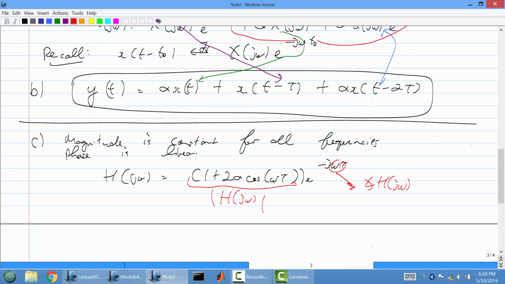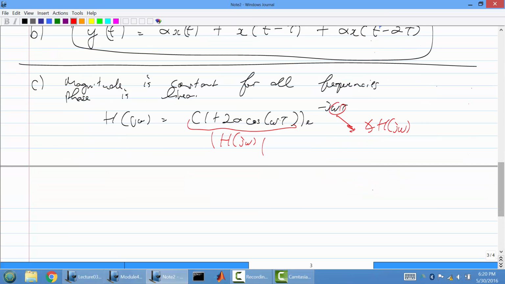So we can clearly see here that the phase is linear, because the phase is equal to minus omega t. And remember, for something to be linear, you have to make sure that the variable is just omega by itself, or if you were to take the derivative of this, it's just equal to a constant. So this is fine.